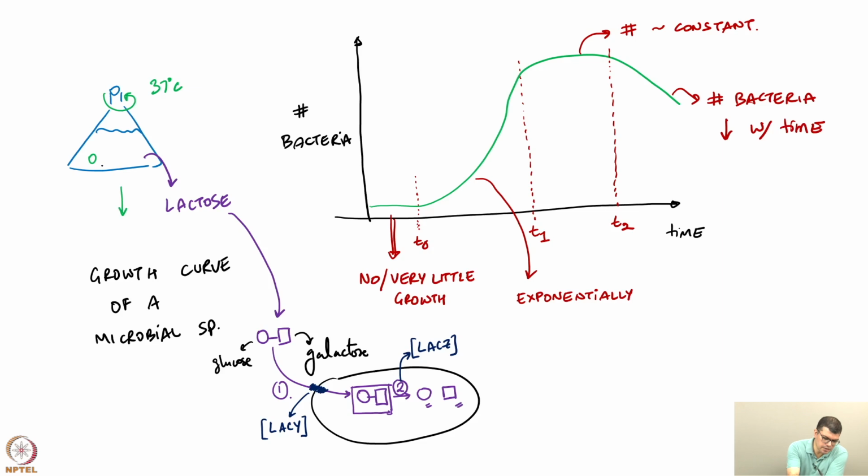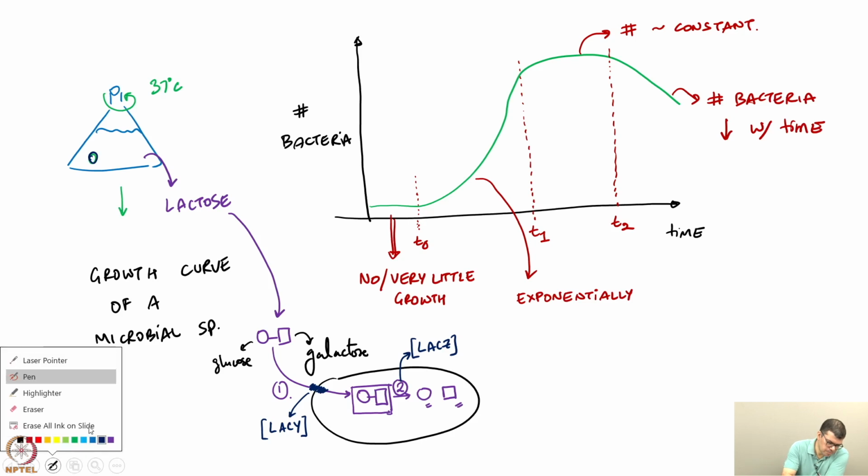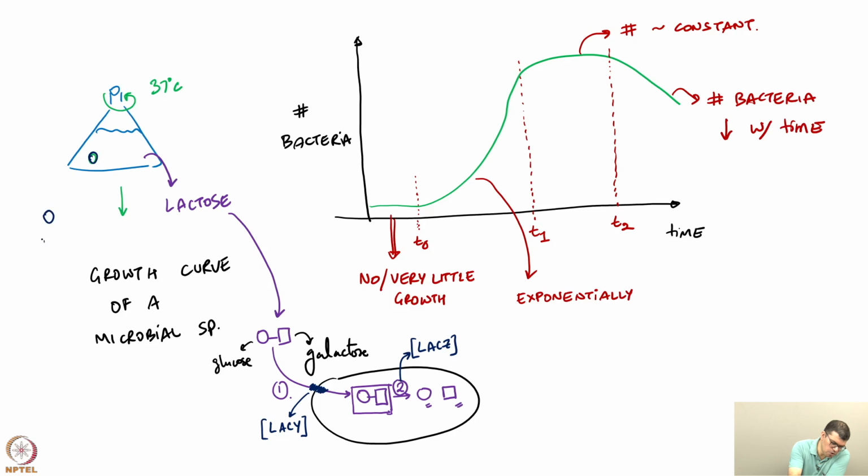When we first seed this culture with this one bacterium, let us imagine that this bacterium was taken from a condition where it was growing on glucose, and then we placed it into a flask where the source of energy and carbon was lactose. What that means is that when I seeded this culture, there was no LacY or LacZ in this cell that I placed in the flask.